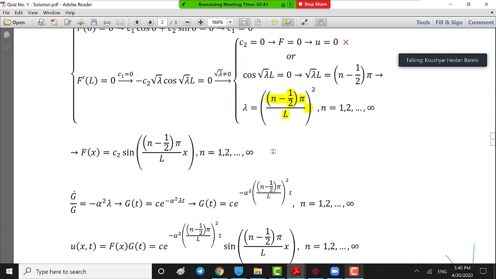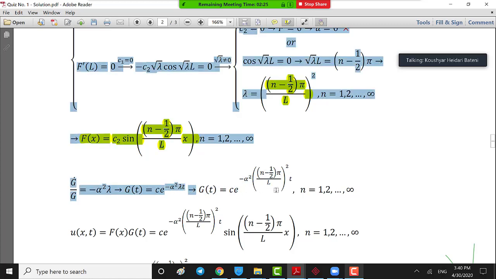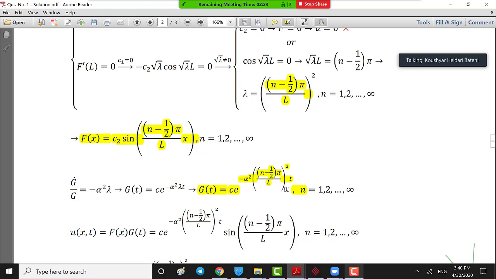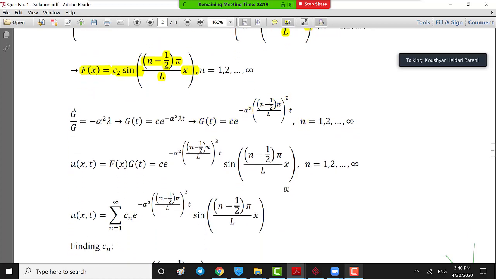Now, we determine f of x just like usual. Then for this specific lambda, we determine g of t also, and determination of u using the superposition.